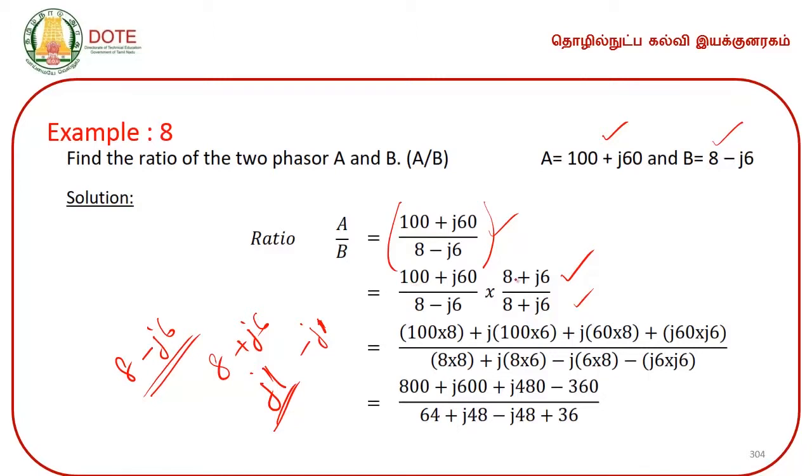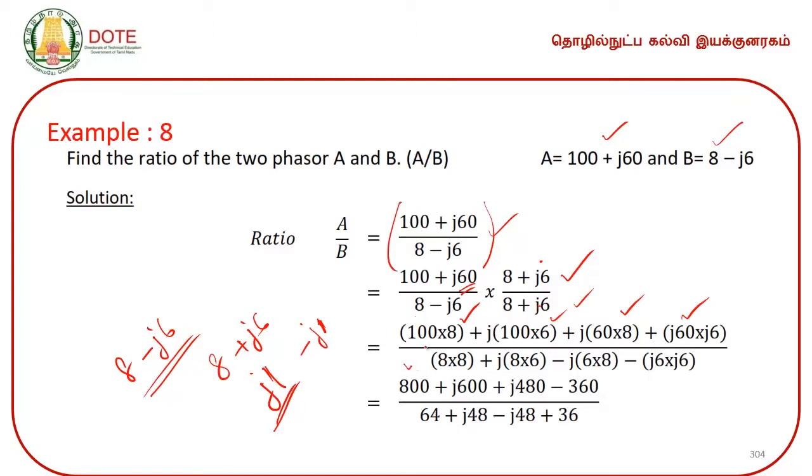So, 100 into 8, then 100 is multiplied with j 6, and then j 60 is multiplied with 8, and finally j 60 and j 6. Similarly, 8 into 8, 8 into j 6, minus j 6 into 8, minus j 6 into plus j 6.